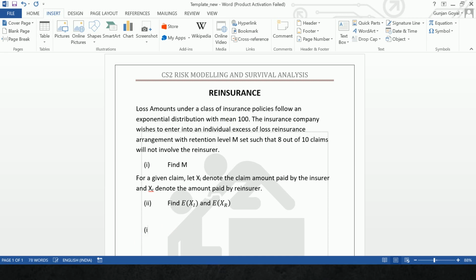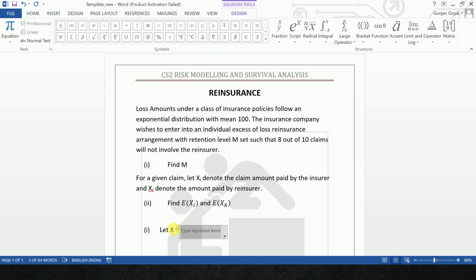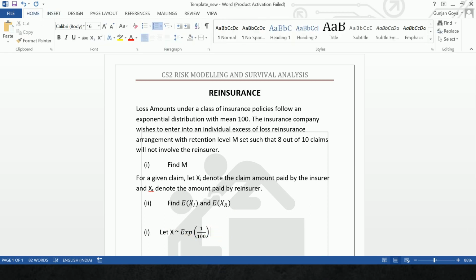Let's write the first part. Let X follow, and now I'll insert an equation with alt equal, X ~ EXP(1/100). Because the mean is 100, lambda will be 1/100.